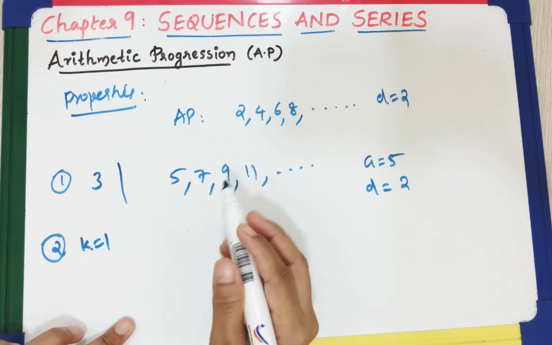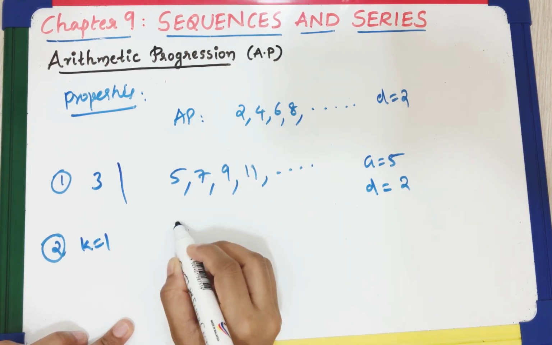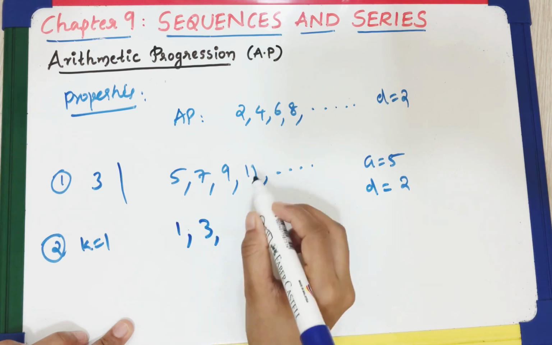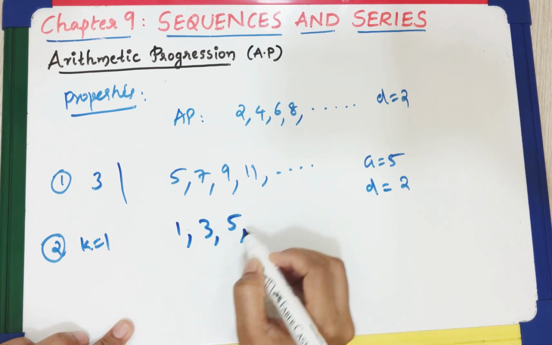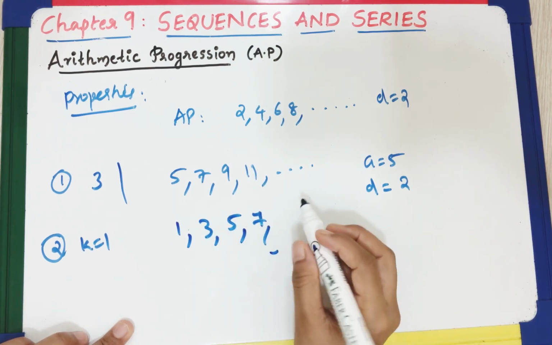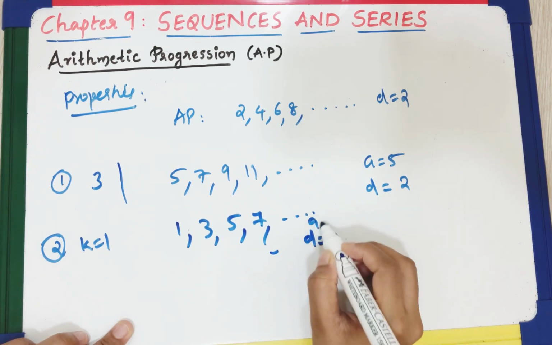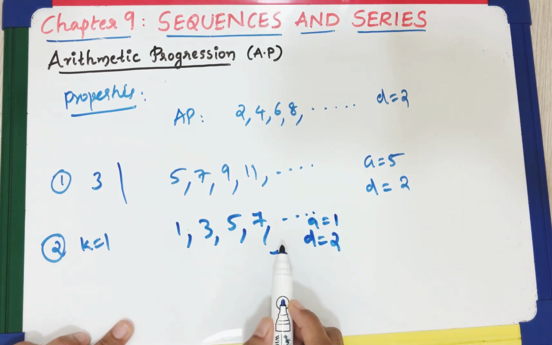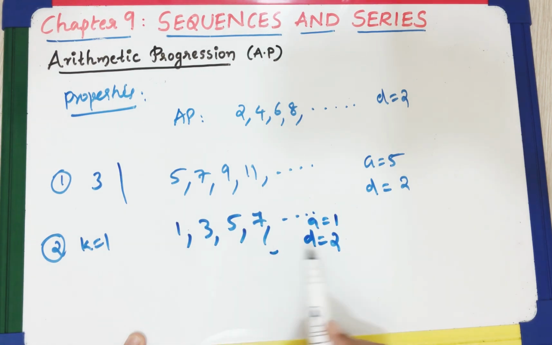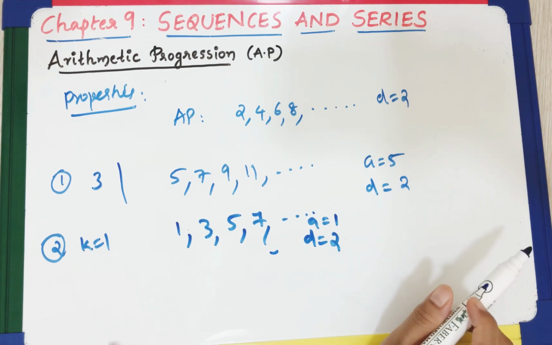Then the AP will be 2 minus 1, 1, 4 minus 1, 3, 6 minus 1, 5, 8 minus 1, 7, etc. Here d is equal to 2 and a is equal to 1. This is an AP with a equal to 1 and d equal to 2. Just the first term changes, and consequently the next terms, but not the common difference.